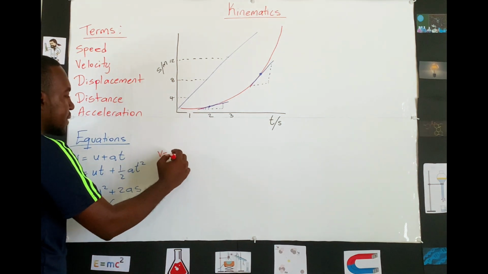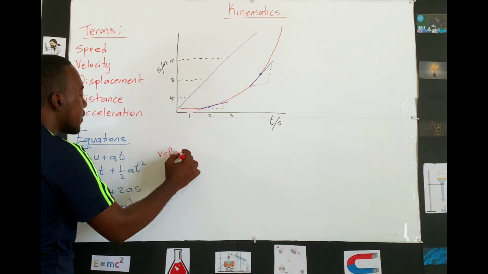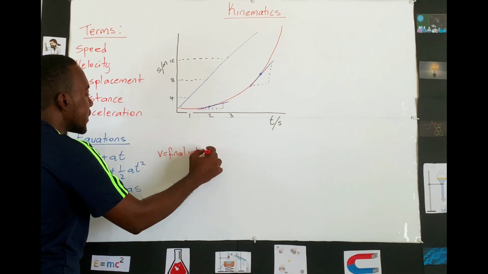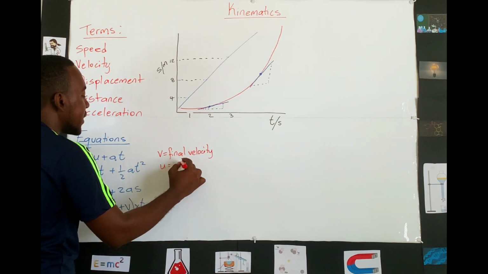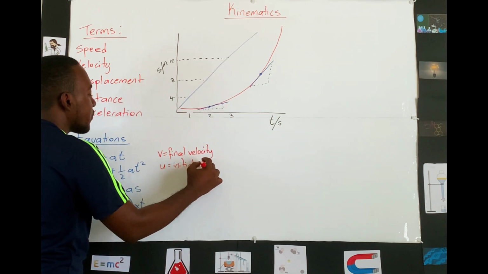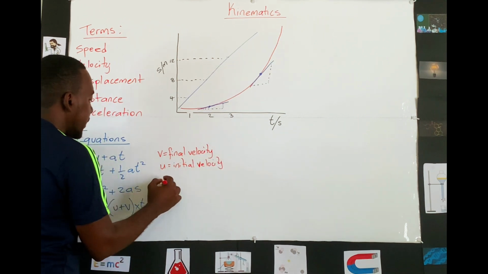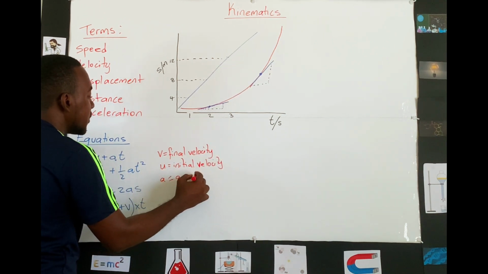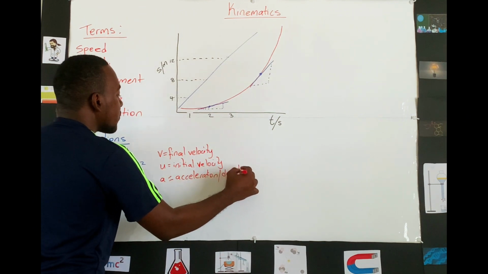The V specifically means final velocity or speed. The U represents initial, where we're starting off with. Right? The A represents the acceleration, which is also denoted by deceleration as well.